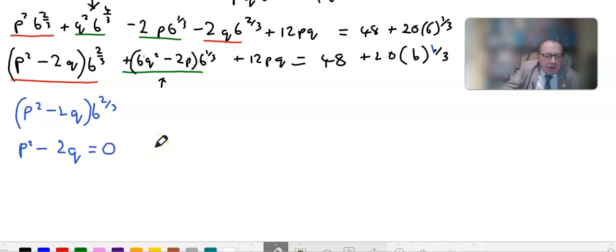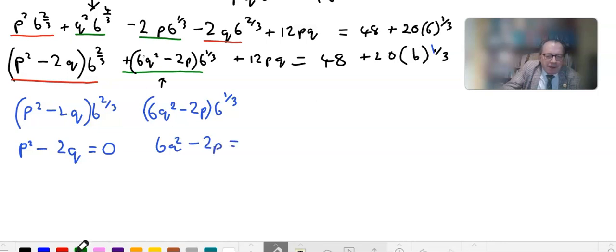And you will see that on the left hand side we have 6q squared minus 2p lots of 6^(1/3), and on the right hand side we have 20 of that, so that 6q squared minus 2p is equal to 20, which means that 3q squared minus p is equal to 10.